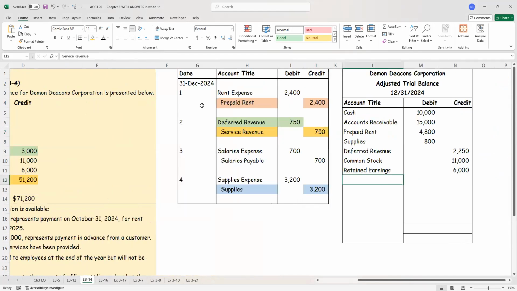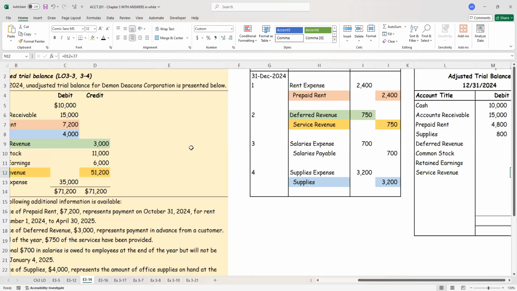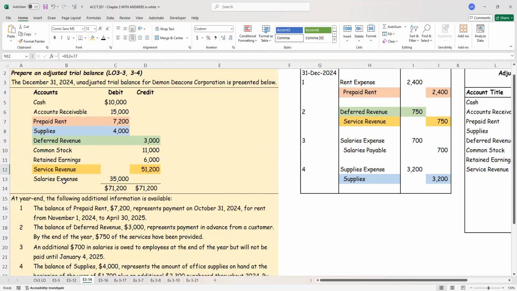So add the 2 numbers and your service revenue is 51,950. Kind of makes you feel that T accounts are better, right?